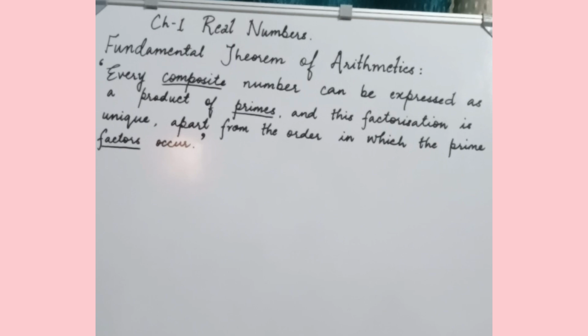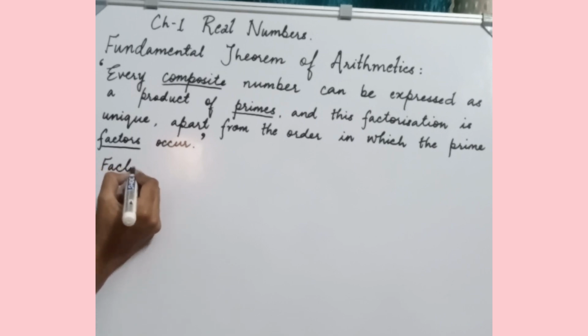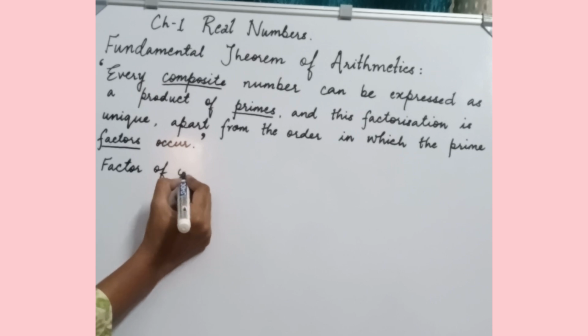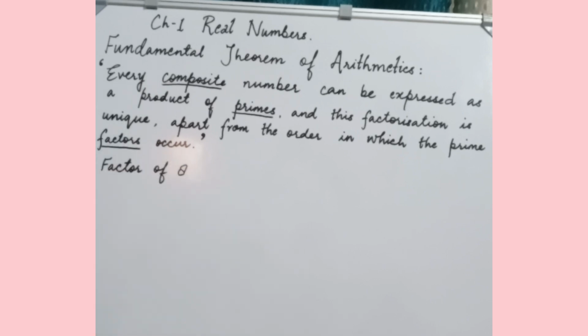So starting with, what is the meaning of a factor? I'll explain by giving an example. For example, what are the factors of 8? Just listen very carefully. A factor of a number is a number in whose table that number comes.